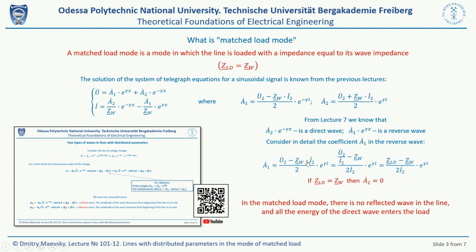Let's divide this formula's numerator and denominator by the same complex current I2. The fraction will remain unchanged. In the numerator here, we have the ratio of the complex voltage to the complex current at the end of the line. But this is precisely the complex impedance of the load.